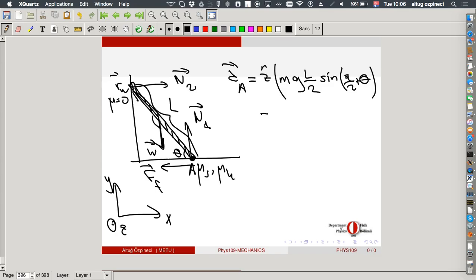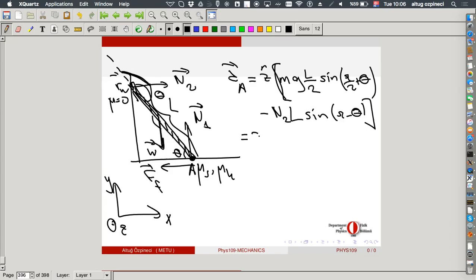So it's minus the magnitude of the force times the distance of the point at which the force is acting, times the sine of the angle between the two. It is this angle over here, pi/2 minus theta. You see, this angle over here is theta. So this is the torque.